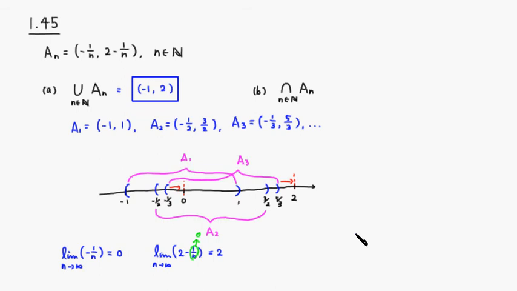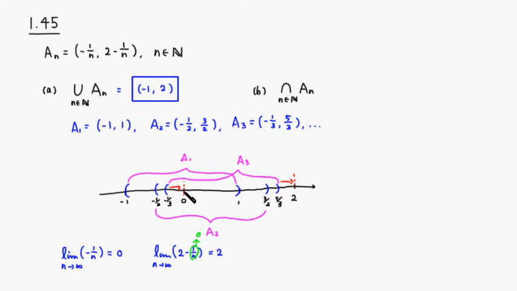How about the intersection? We have to collect all the common points of all these open intervals. Since the left endpoint is moving toward 0, 0 is always going to be included, because the left endpoint never becomes 0. And the right endpoint is moving to the right, so the smallest interval is the very first one.